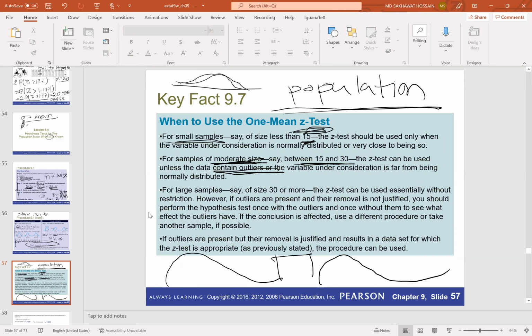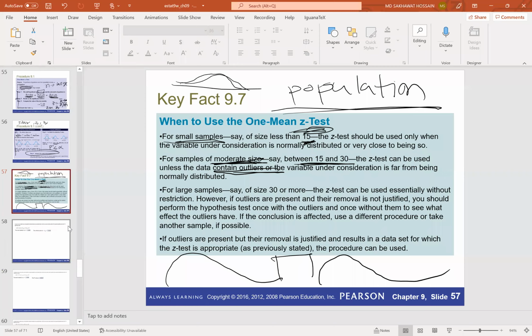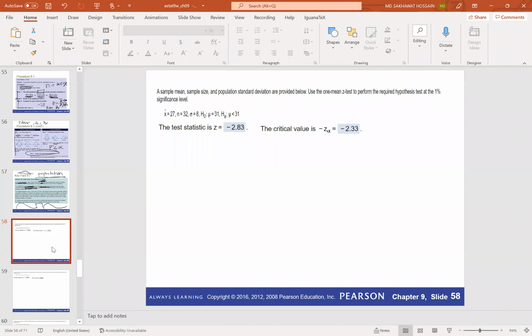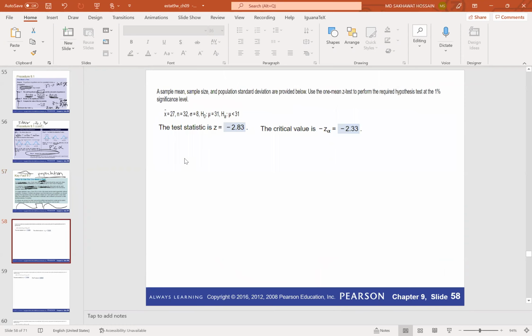But if we have the same results with and without removing outliers, then we can use the z-test. So it will be okay. Okay, so I think I should stop here, because we're not going to do a hypothesis test today.